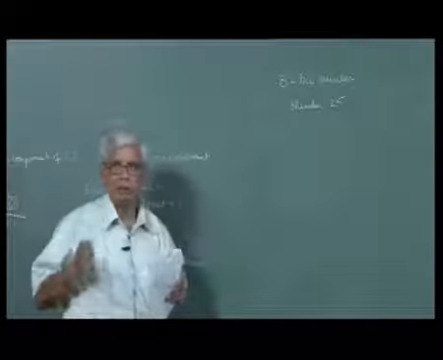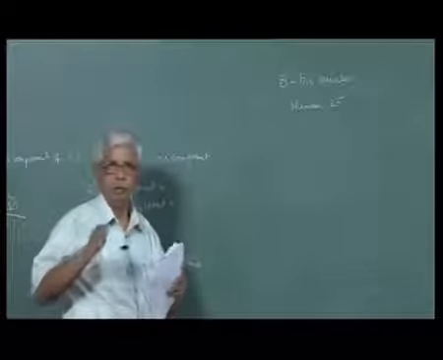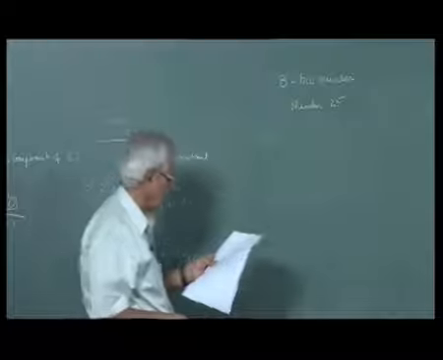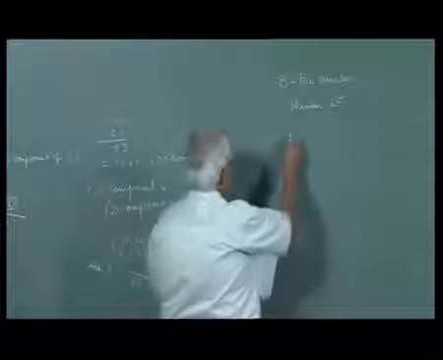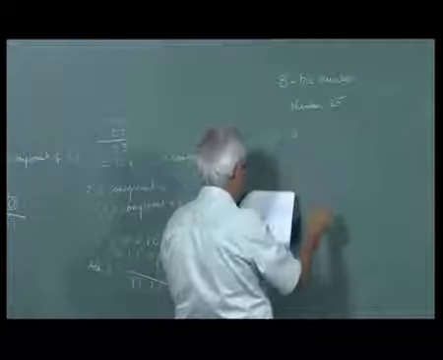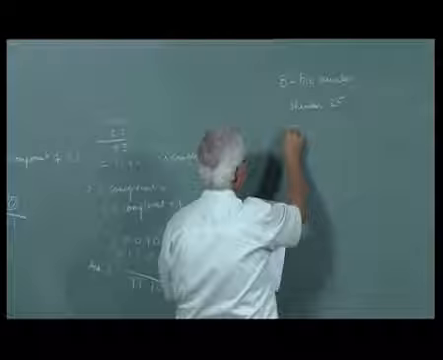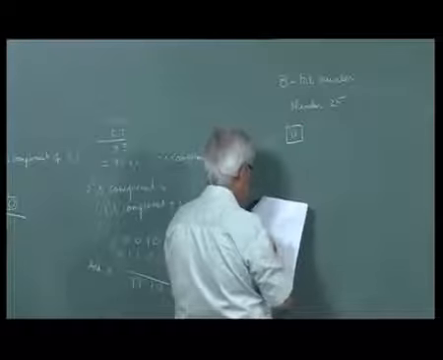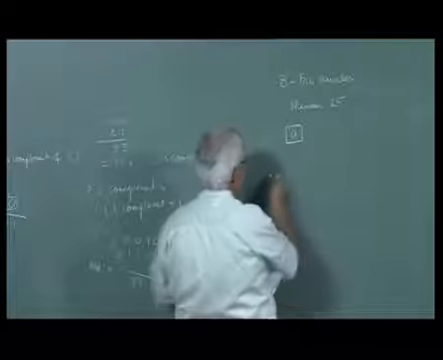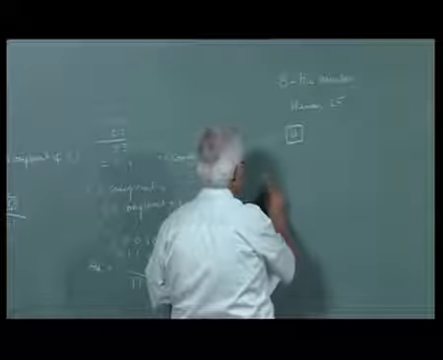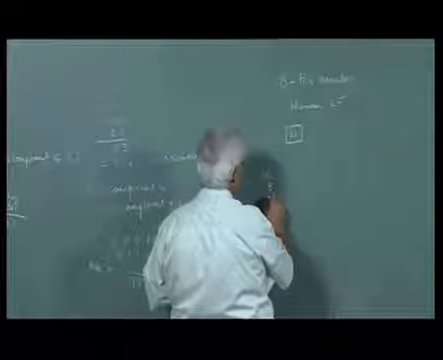In sign magnitude form, it is 0, the sign is positive. Then 25 is how much? 16 plus 8 plus 1.